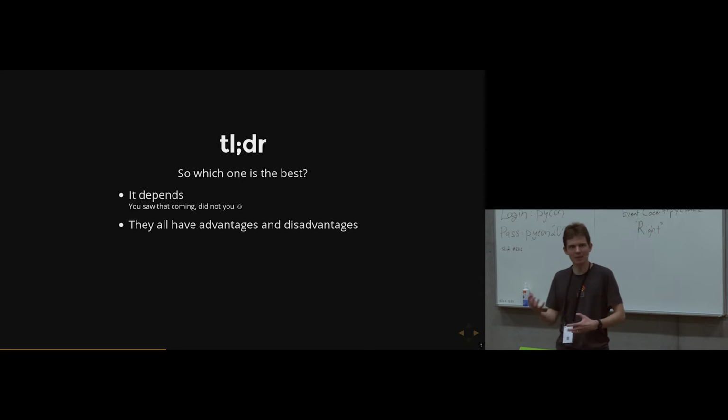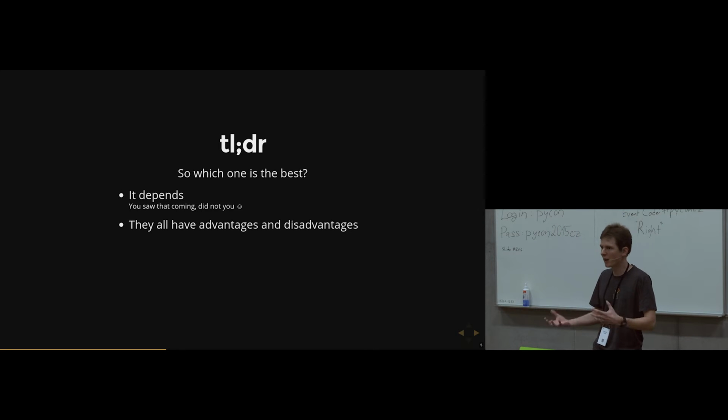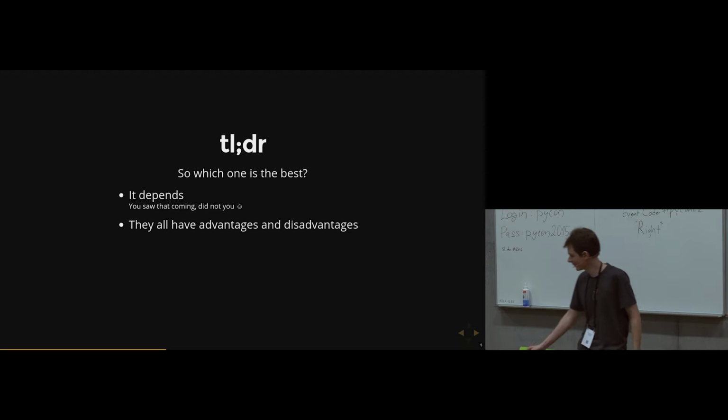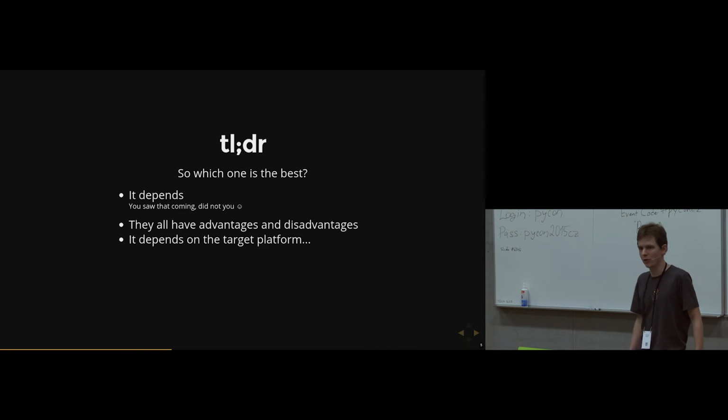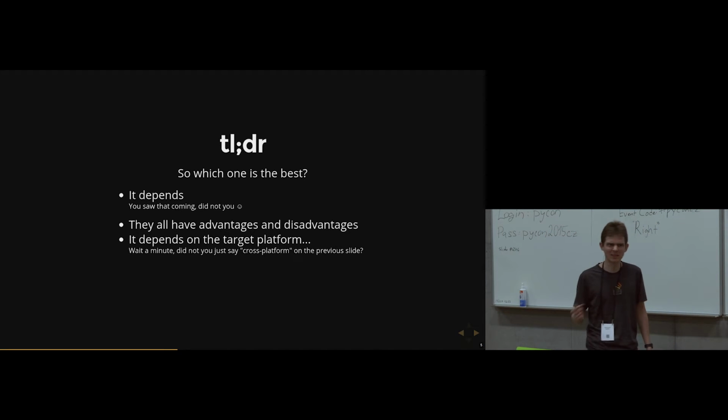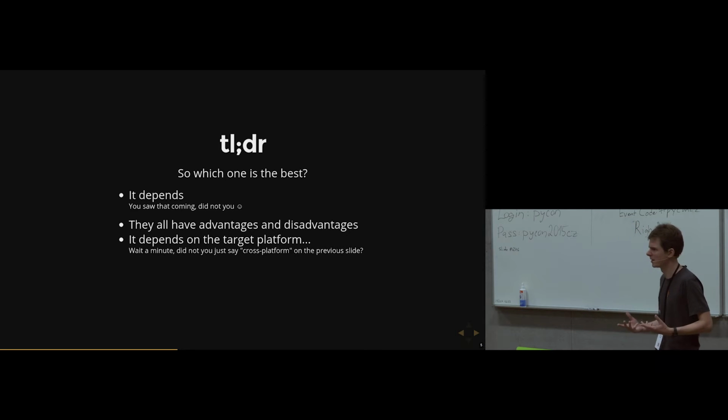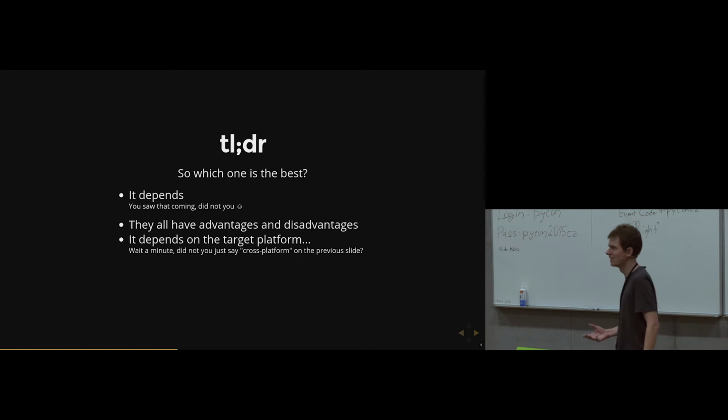First, there are some advantages, so you have to weigh them and then select. Also, it depends on the target platform, like what are you targeting? Now you may be thinking, wait a minute, didn't we talk about cross-platform toolkits? Yeah, one thing to know, they lie. Every cross-platform toolkit has one of the platforms as a first-class citizen, so everything works perfectly for that platform.